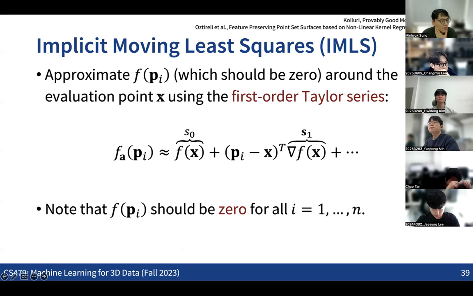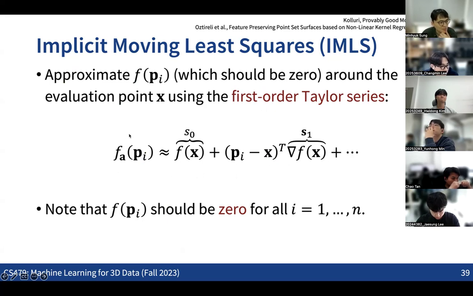We know that for all the points in the input point cloud, the signed distance value that we are estimating with some approximation function should be 0, right? So we are finding a function which will be 0 at all the points in the point cloud, while approximating the function value with the Taylor expansion.